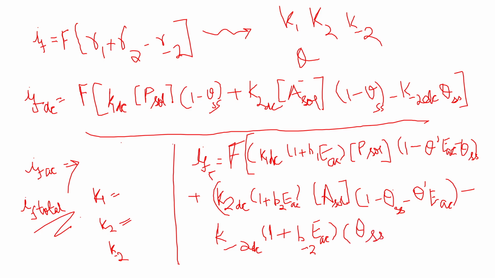Is this correct? Now you have to simplify it. Simplify in the sense you have to open the brackets and differentiate between IFAC and IFDC. Please do it. This is how the equation should look.